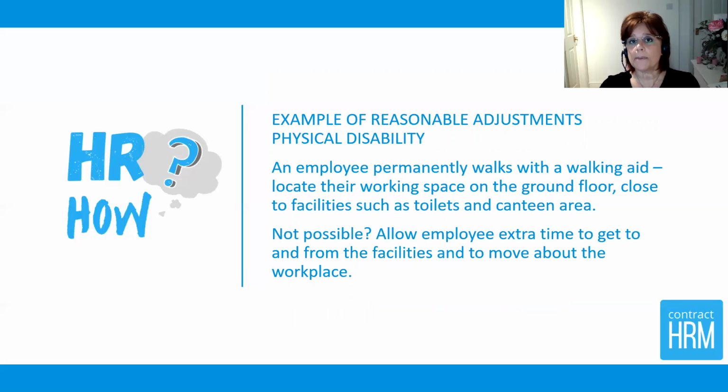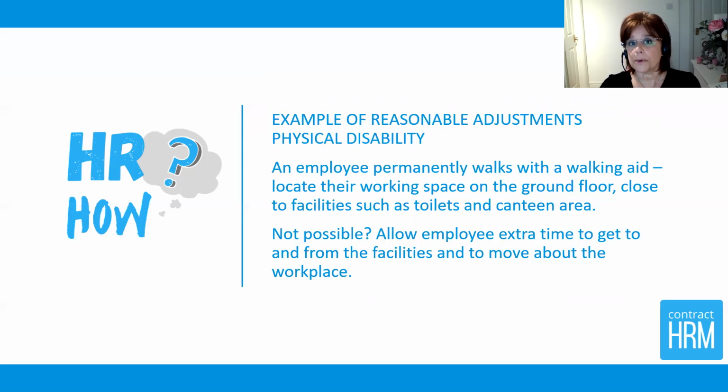So let's have a look at a couple of examples then. Thinking about a physical disability, an employee maybe permanently walks with a walking aid. So what can we do for that person as a reasonable adjustment? Maybe we could locate their working space on the ground floor. Perhaps that working space could be close to facilities such as the toilets and the canteen area.